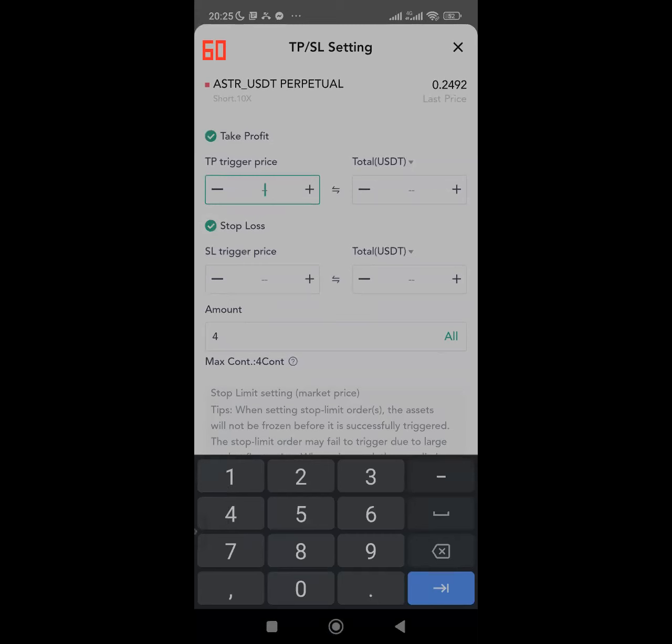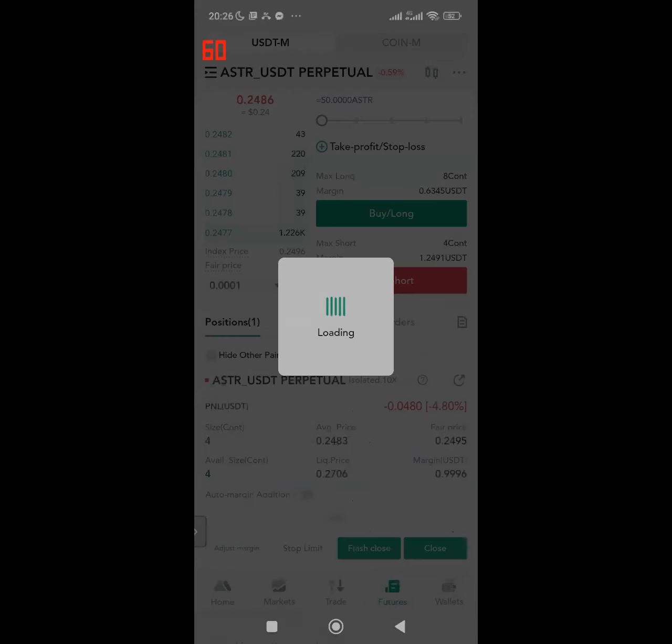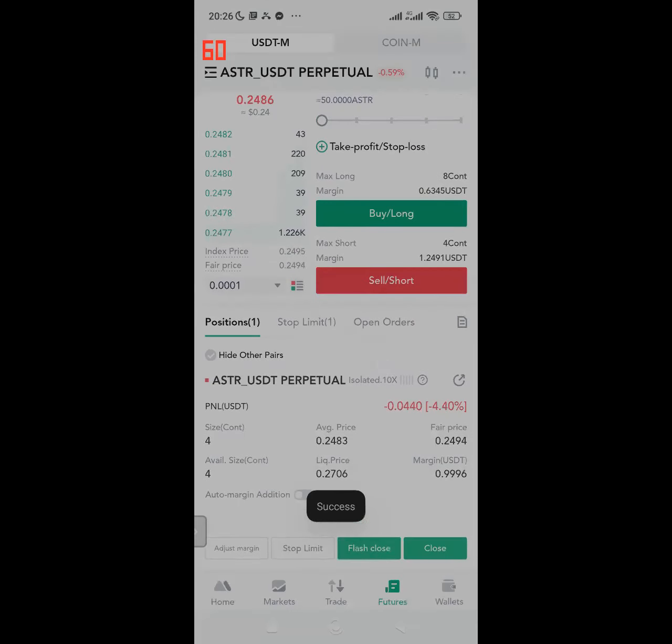If I want to take the profit at 0.5, my profit will be $1.83, and if I want to set my stop loss at 0.25, let me just make it 0.3, my loss will be 2.068 USDT. Once I'm done with this, I can just click confirm, and everything will be loaded.